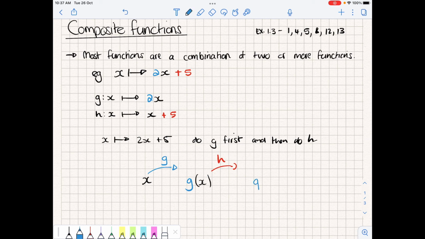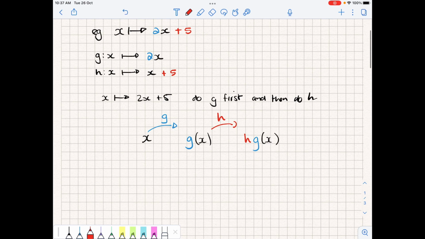And so we had g of x, which we applied h to. And if we wanted to go from one straight to the other, we would say g h was applied to x, right?